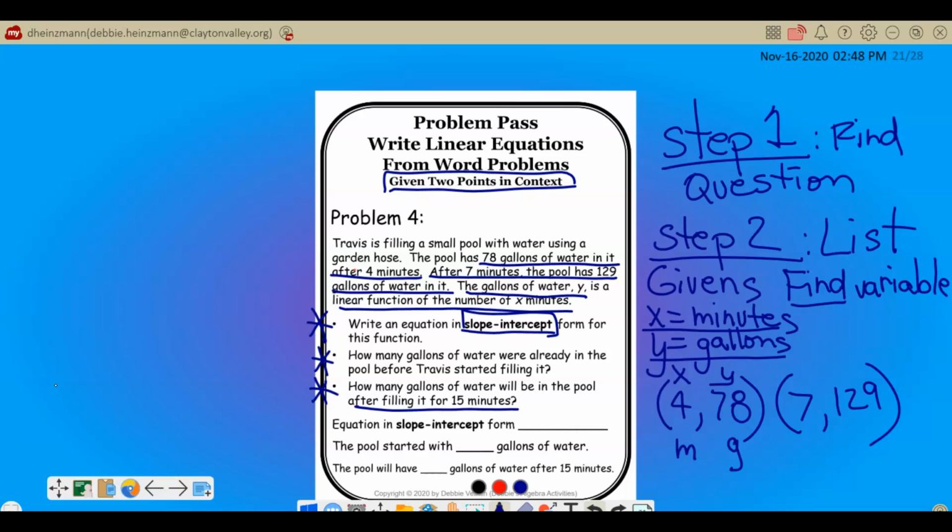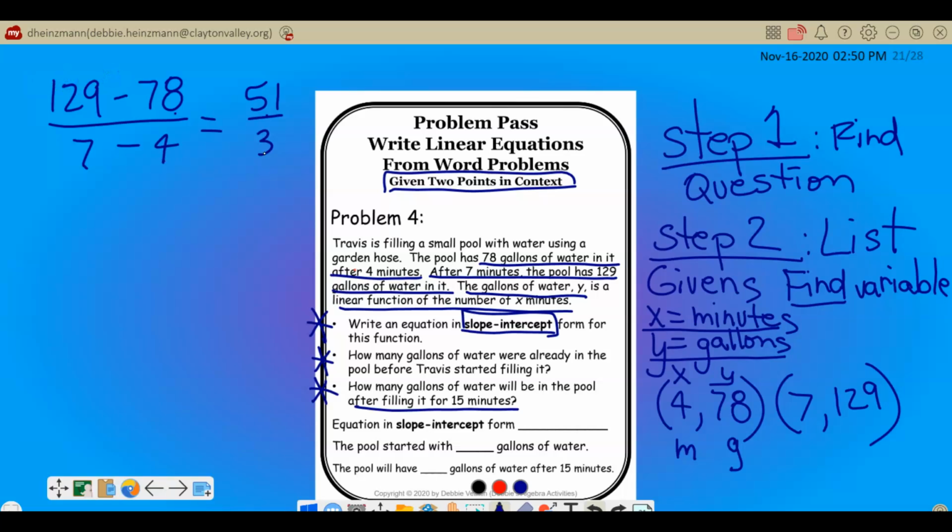We have to have our slope first. So I like to keep everything positive. So I'm going to list my y's as 129 minus 78. And because I started with the point 129, I'm going to also start with the point 7 minus 4. Okay, so applying the slope formula, we get 129 minus 78 equals 51, and 7 minus 4 is 3.